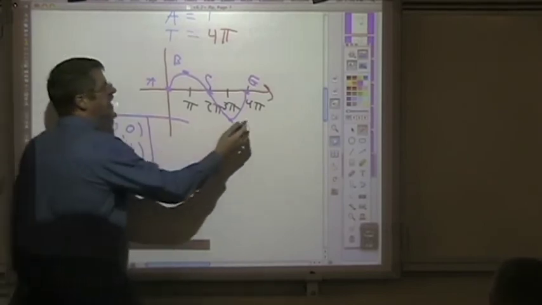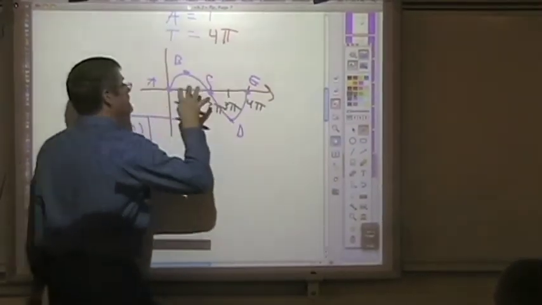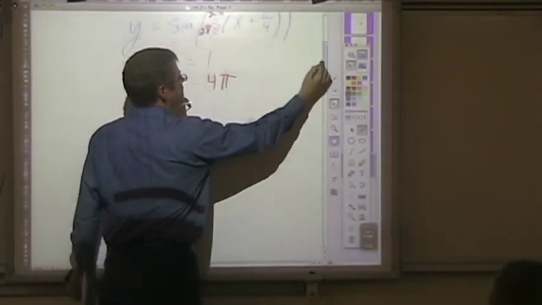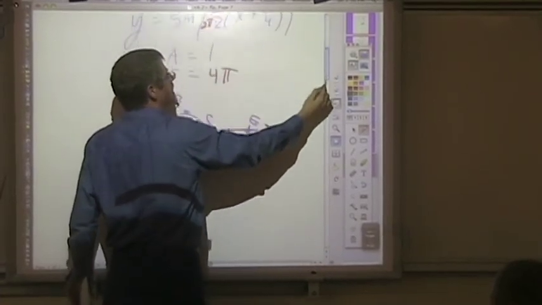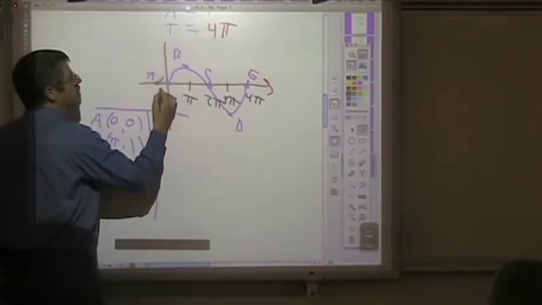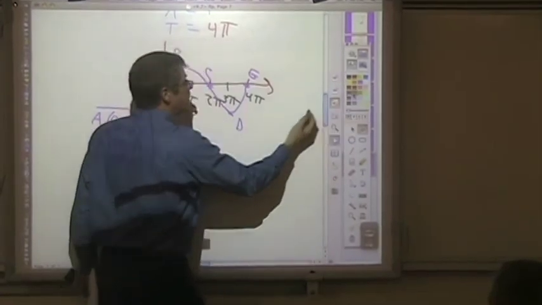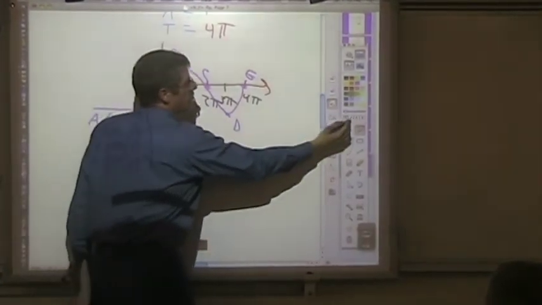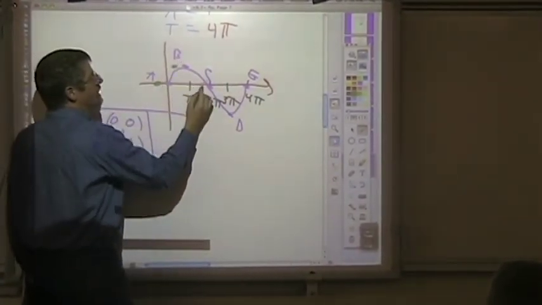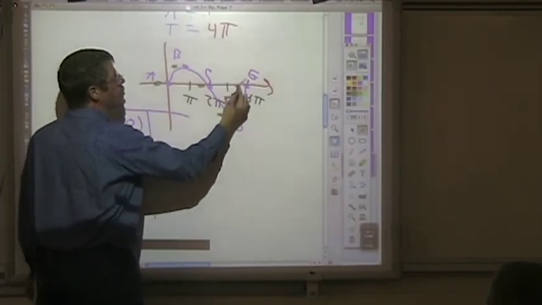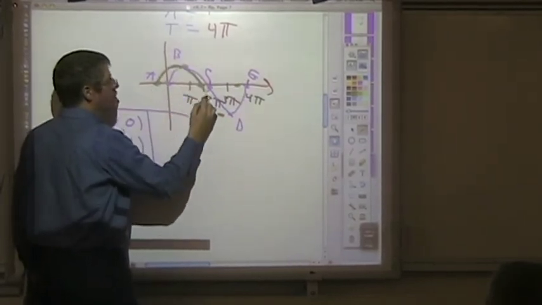So now the final answer is the same thing as this, except all 5 golf balls have to be shifted pi over 4 units left. So the final answer in green is going to look like this. Purple shifted left gives us green.